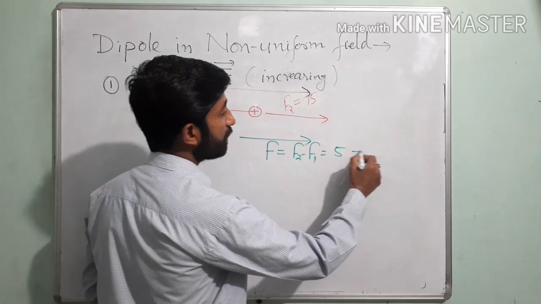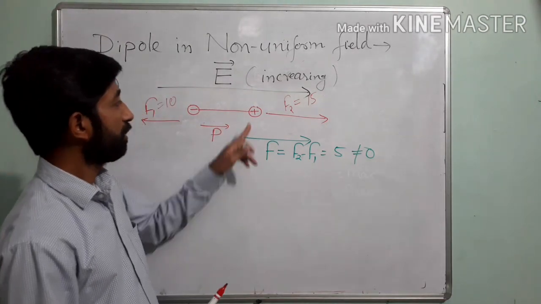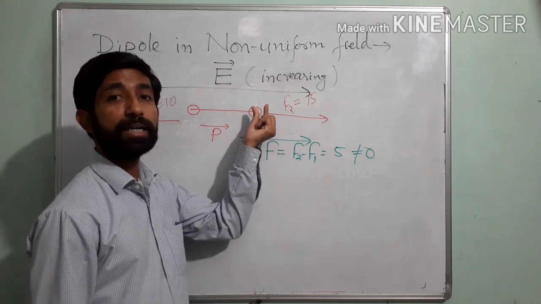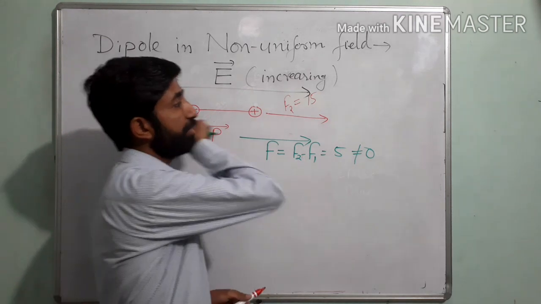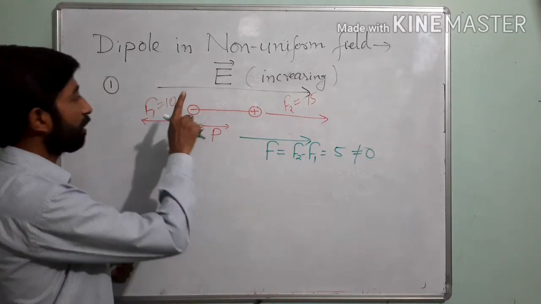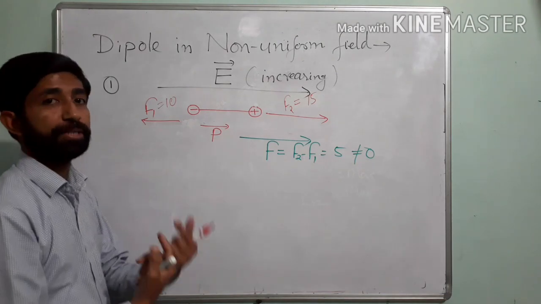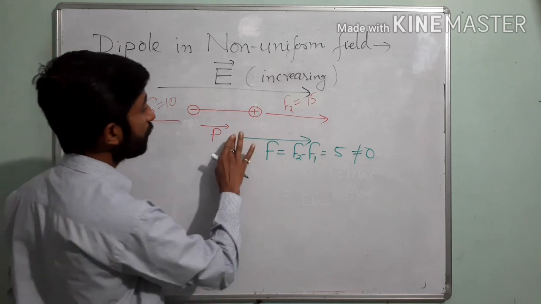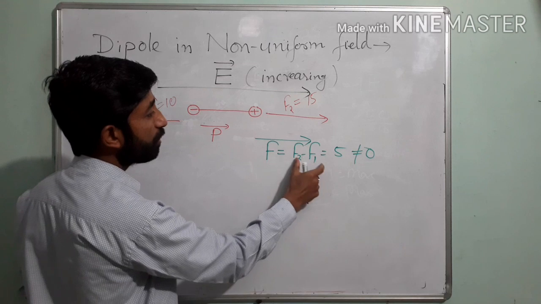It means this is not equal to 0. This charge is at a position where the field is larger, so it experiences a larger force. But the field is along this way, and since this is a negative charge, the force will be opposite to the direction of the field, as its property says. So the net force on the entire system becomes the difference of the two forces.